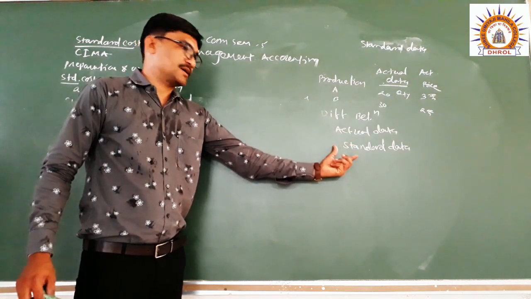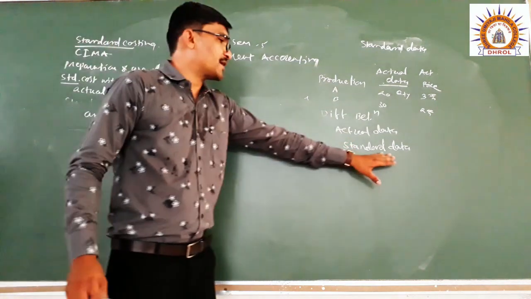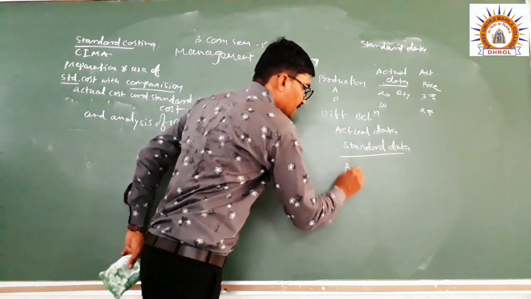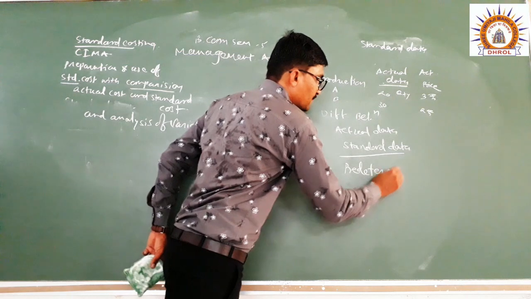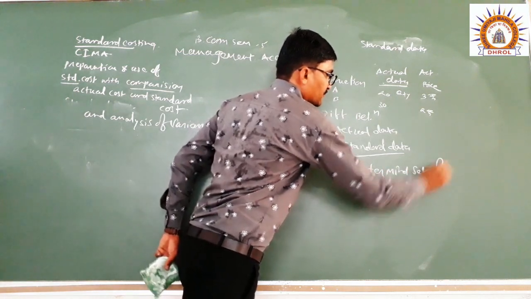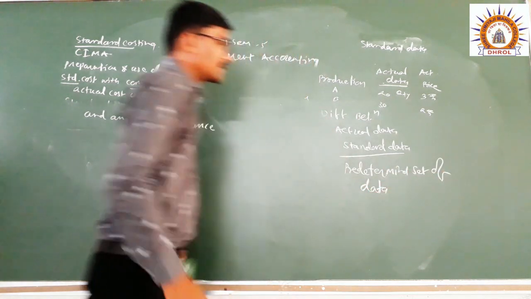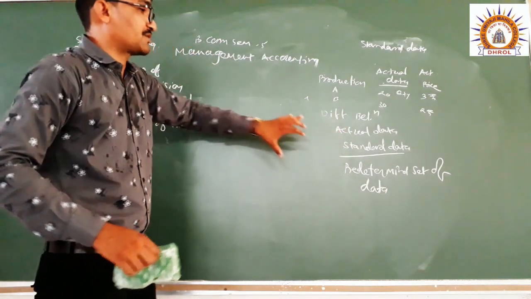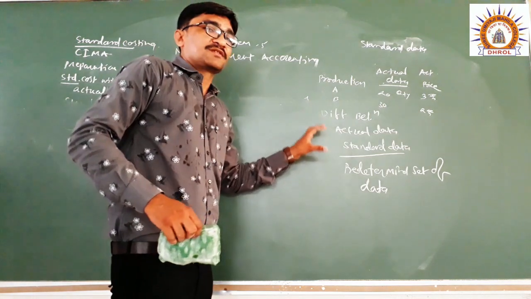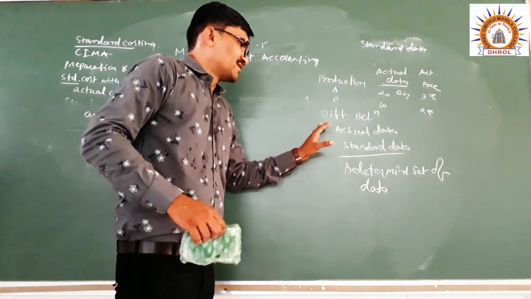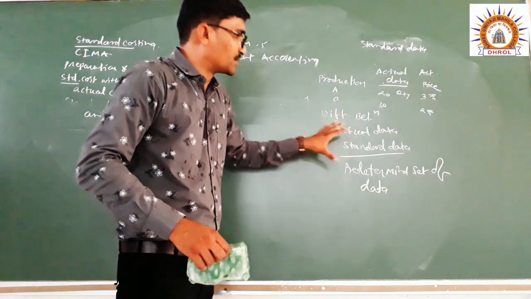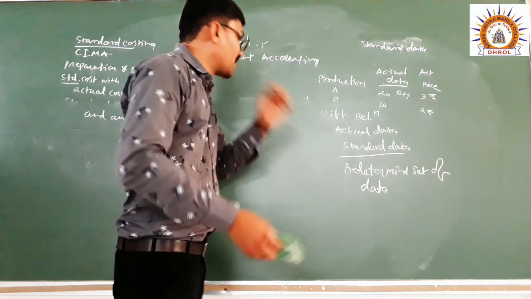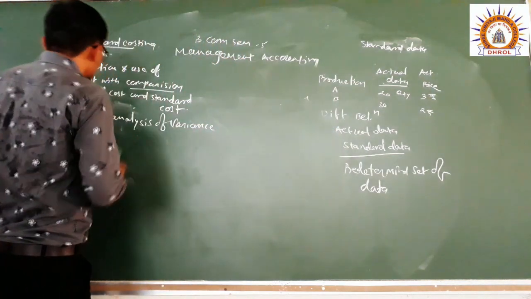Again, I repeat, the standard data is the predetermined set of data. So for the fulfillment of this standard costing, you go through the historical data and predetermined cost data. So this is standard costing.